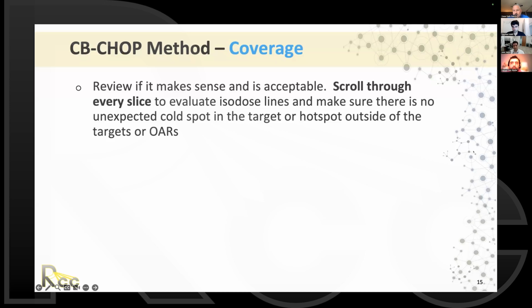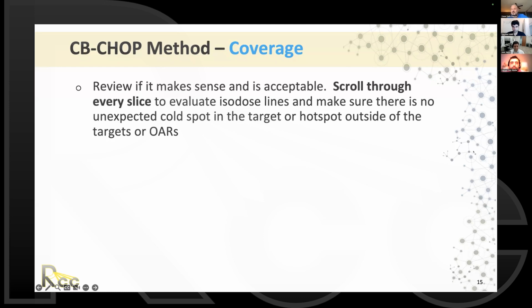So when scrolling through, not just looking at every slice discretely, but almost seeing the dose move like a movie, moving in real time, and trying to see, for example, if the dose is very loose in one area, or too tight in one area, you can change that distribution and push the dose and flow it in a different direction. So scrolling through to develop a 3-dimensional dynamic sense of the dose distribution is also helpful.